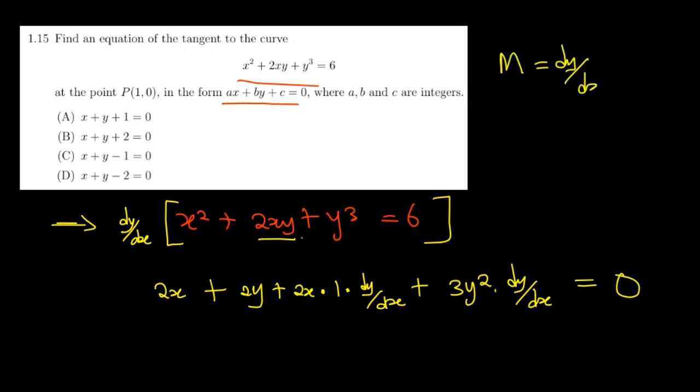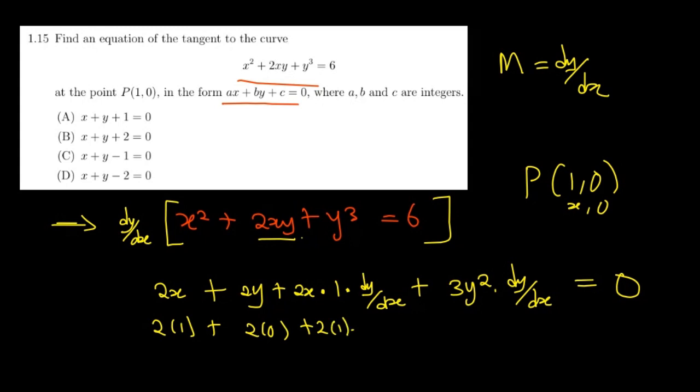Okay, so at the point (1, 0). So wherever there's x, I mean, we put 1. Wherever there's y, we put 0. So this will be 2 multiplied by 1, plus 2 times 0, plus 2 times 1 multiplied by 1 dy/dx, plus, where there is y, we put 0.